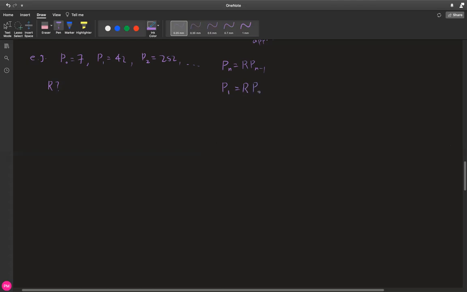And we can simply divide by P sub 0 on each side to find that the common ratio is actually P sub 1 over P sub 0. We already know P sub 1 is 42 and P sub 0 is 7. So we can simply plug in the 42 and 7 there to find the common ratio, which in this case is simply 6.